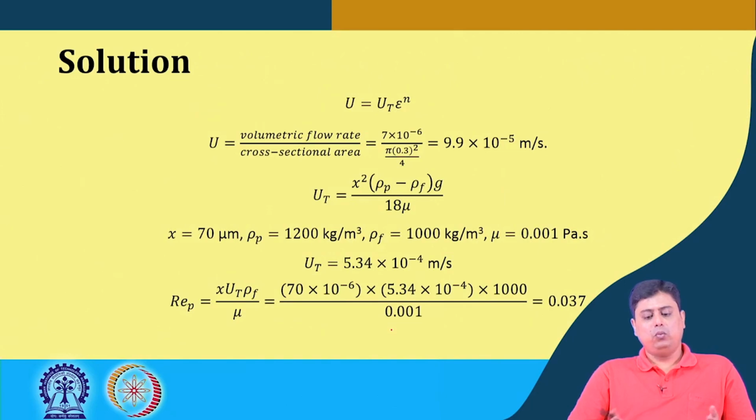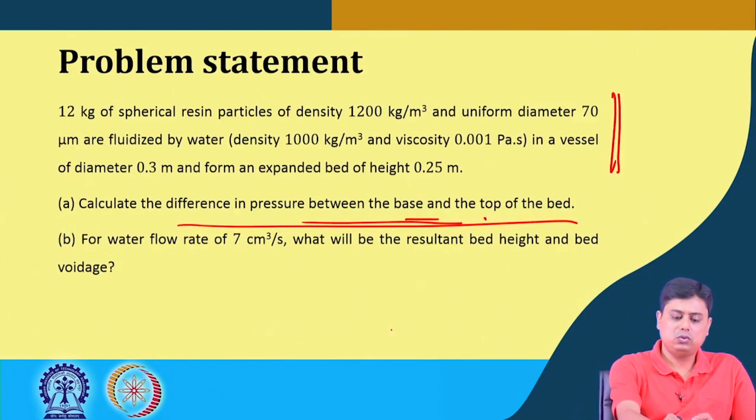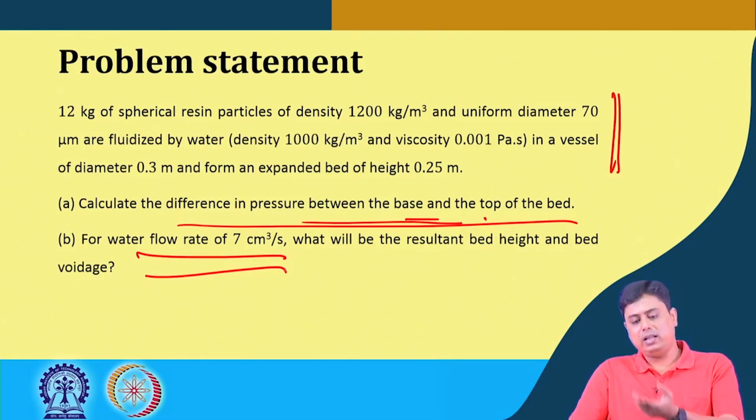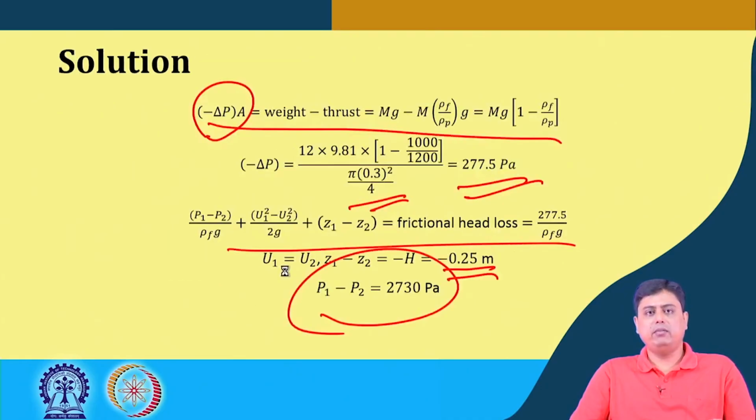Now again we go for the Richardson-Zaki expression. We find out the superficial velocity, because the question is for this water flow rate. We know the bed cross section, so we find the superficial velocity, and at that condition the resultant bed height and bed voidage.